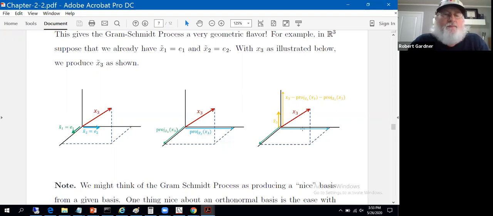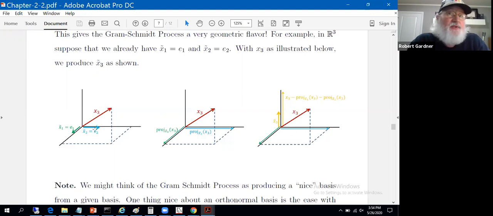So think of x sub 1 as contributing direction along the x-axis. X sub 2 contributes maybe some direction along the x-axis, but also some direction along the y-axis. Well, we subtract off the piece of x sub 2 that points along the x-axis.